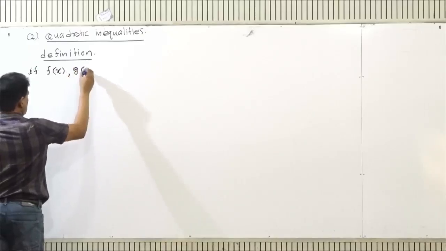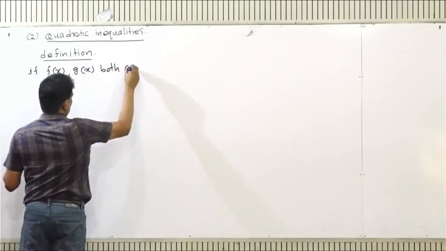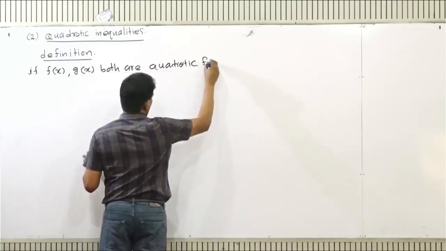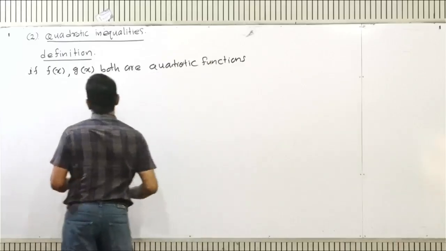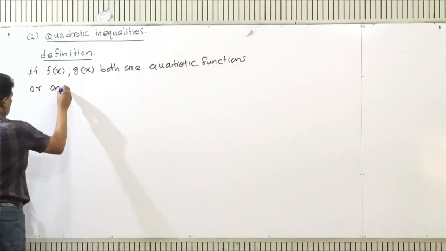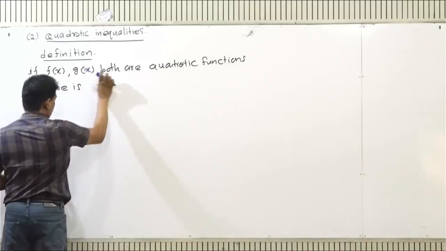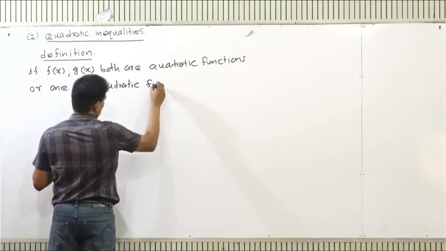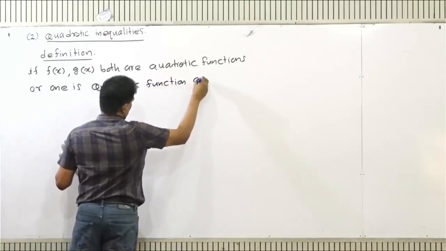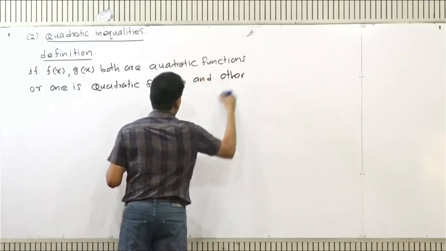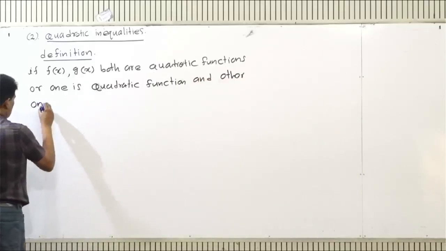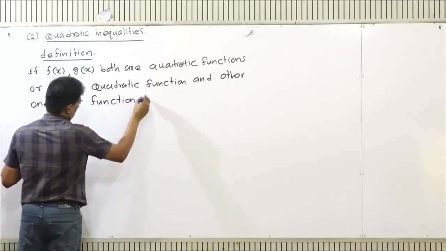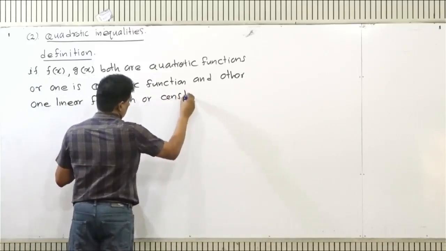If f(x) comma g(x) both are quadratic functions, or one is a quadratic function and the other one a linear function, not a constant.